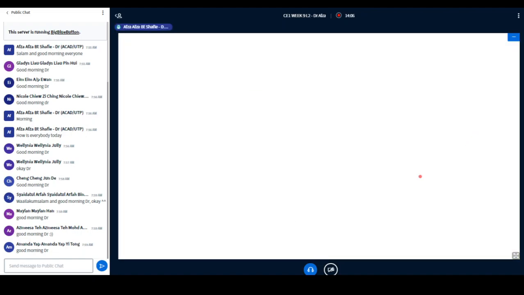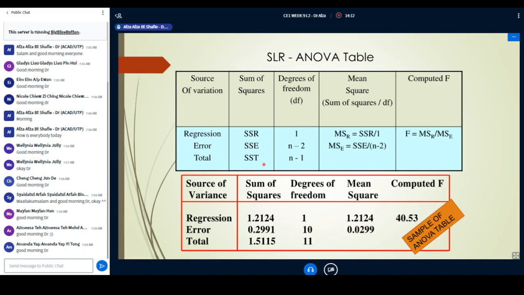Okay. So how does it look like? This is how the ANOVA basically looks like. Like I said to you, you already came across this in the last class, so you know how the ANOVA looks like. We have the sum of the squares for the regression, the error, and the total.